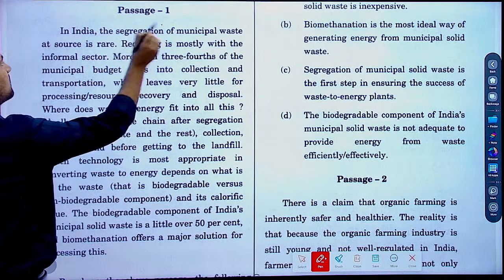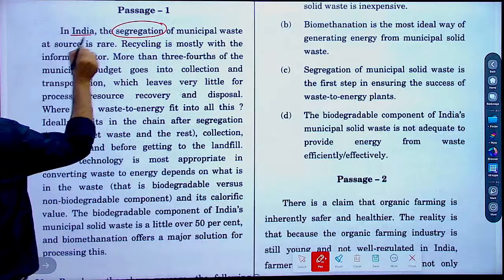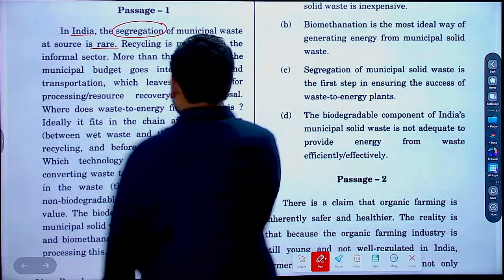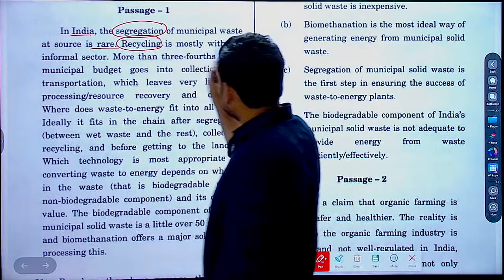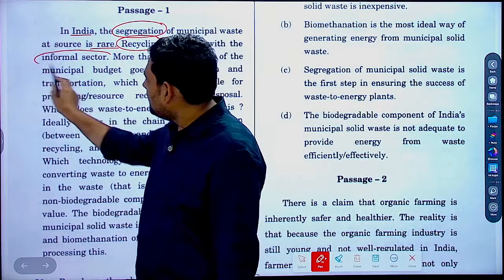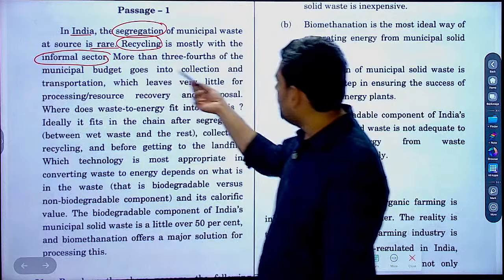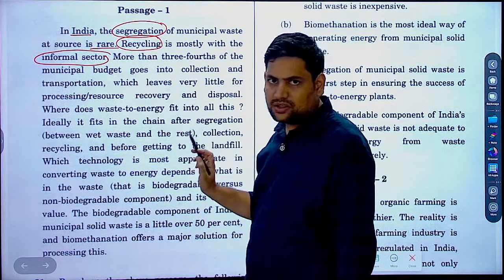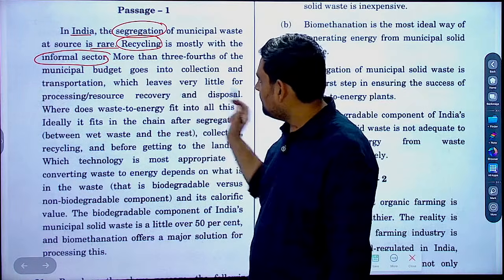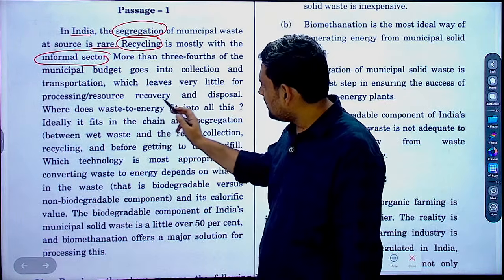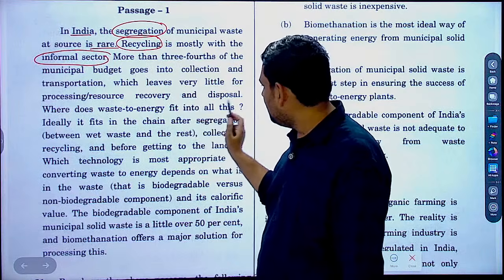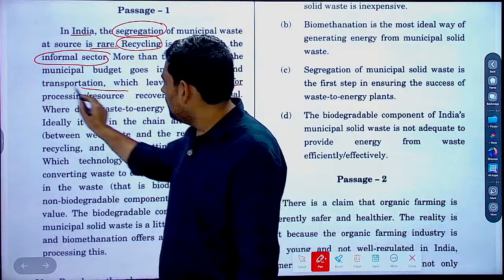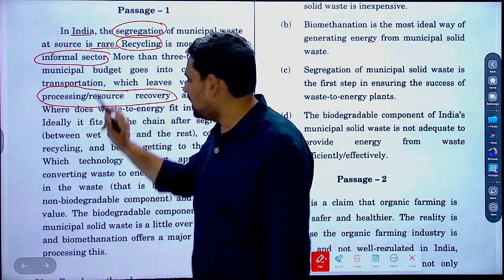Then recycling is mostly with the informal sector. Then more than three-fourths of the municipal budget goes into collection and transportation, which leaves very little for processing or resource recovery and disposal. So very little for processing or resource recovery.